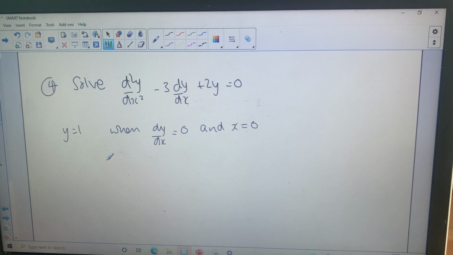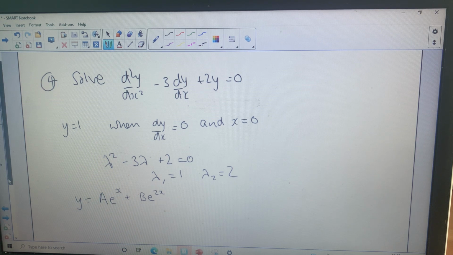So the first thing I'm going to do is I'm going to get my auxiliary equation. It's got two real roots. The roots lambda 1 is 1 and lambda 2 is 2. I go to my general solution for when I have two real roots, and I've got A e to the 1x plus B e to the 2x.